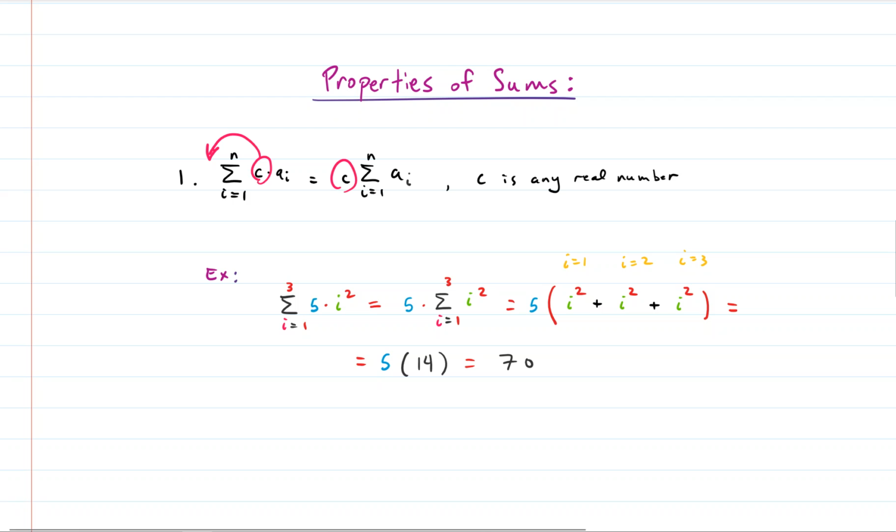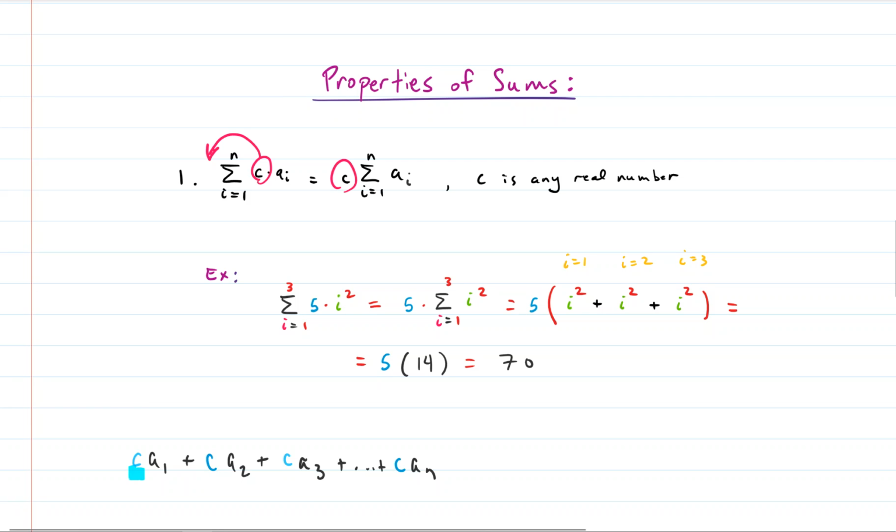Because notice, say I had a constant c, and I had c times a1 plus that same constant times a2, and we're going to add that same constant times a3, and it keeps going up to that constant times a sub n. Notice I have a common term.